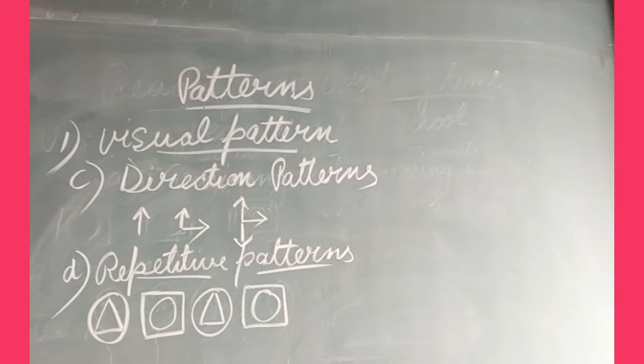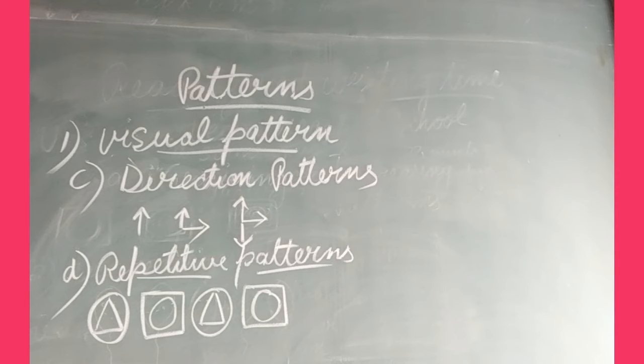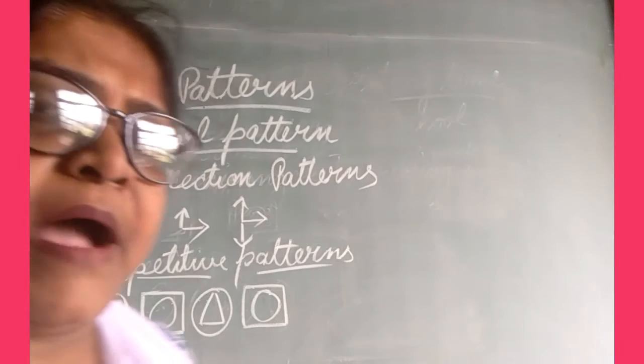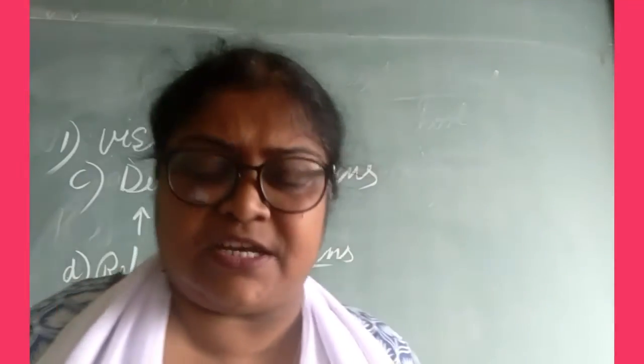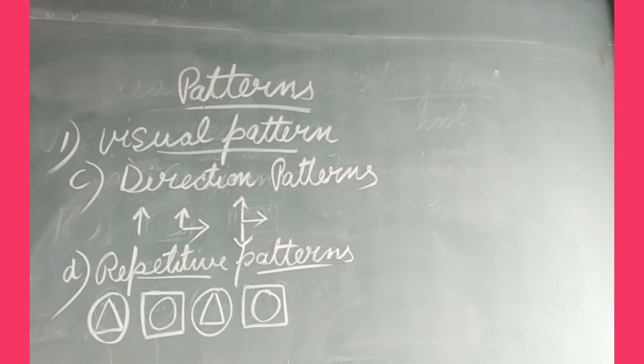A visual pattern is formed using shape, object and symbol.